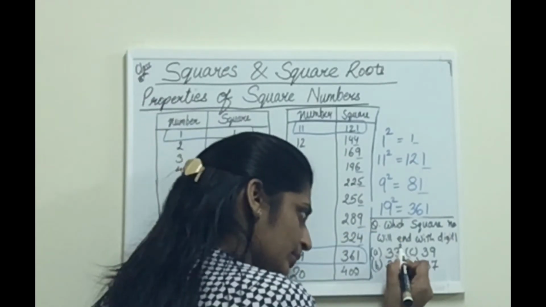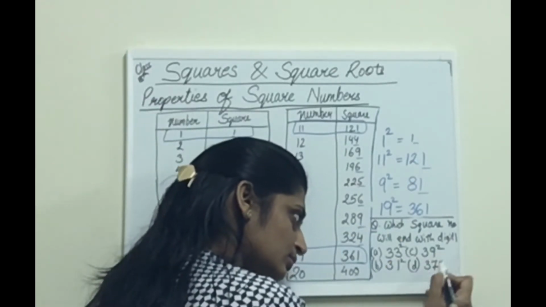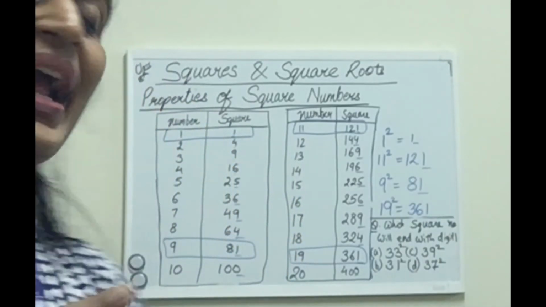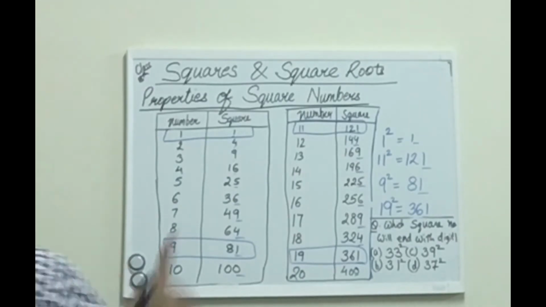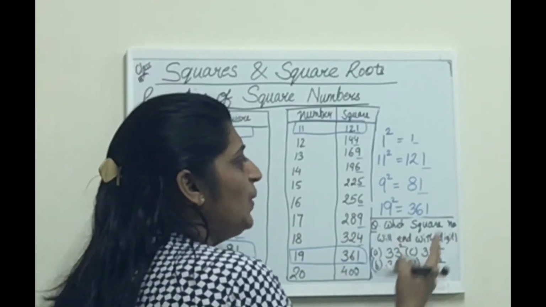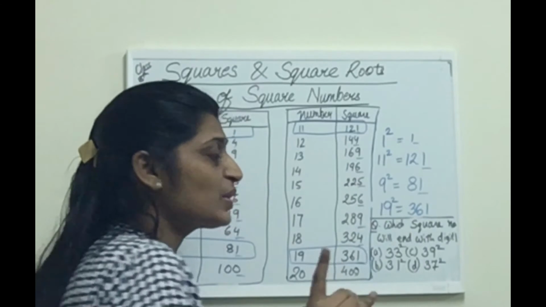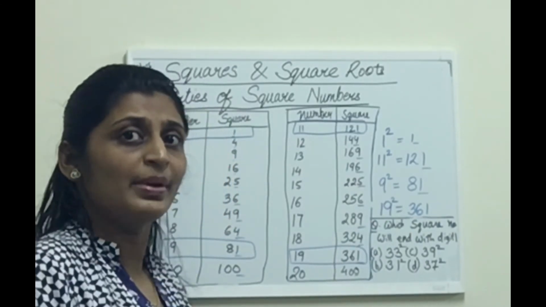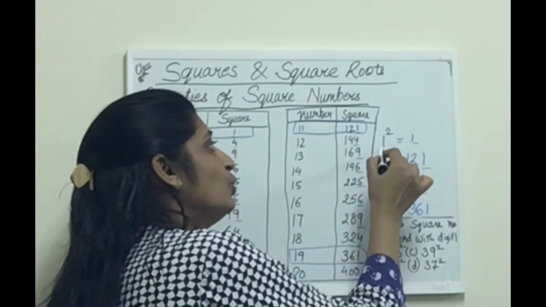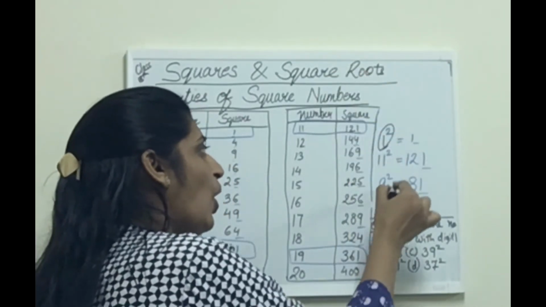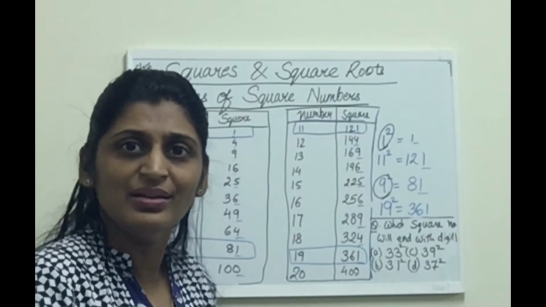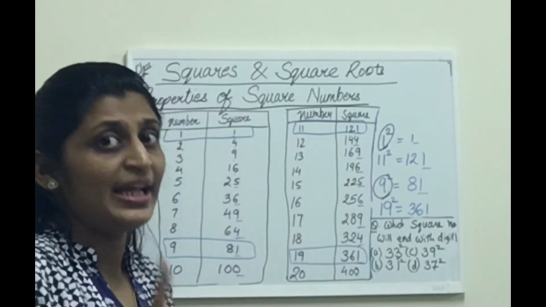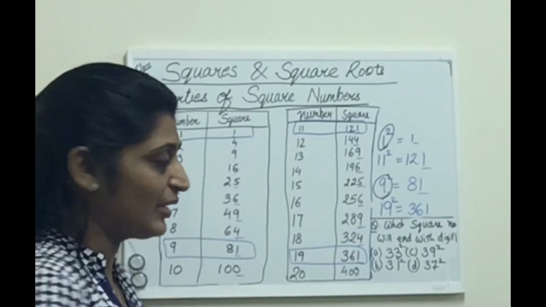Whose square will end with digit 1? So, the square of numbers whose unit digit is 1 or 9 ends with 1, right? Here the unit digit is 3, so its square will not end with 1.